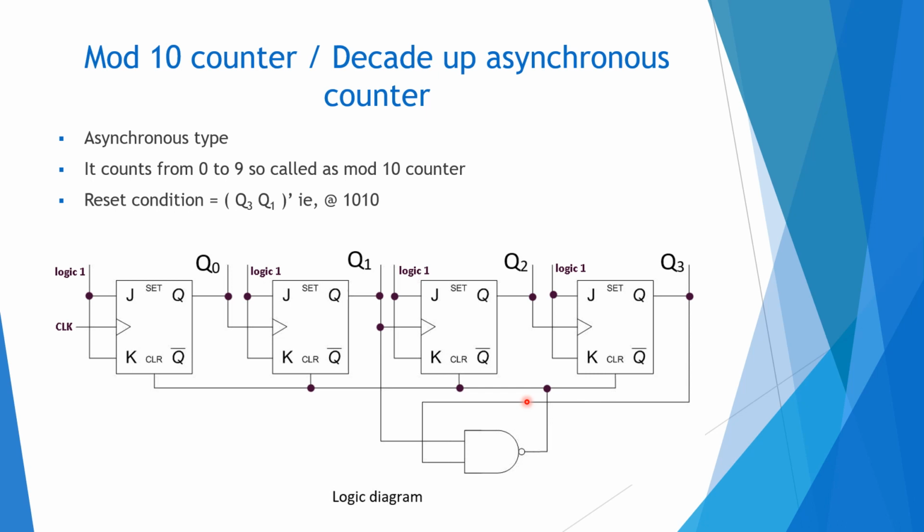That means it does not depend upon the clock. When we get the value here, it suddenly clears all the flip-flops. So this is the reset condition, the NAND operation of Q3 and Q1. When it just reaches 1010, it suddenly clears, and the next state will be 0000.